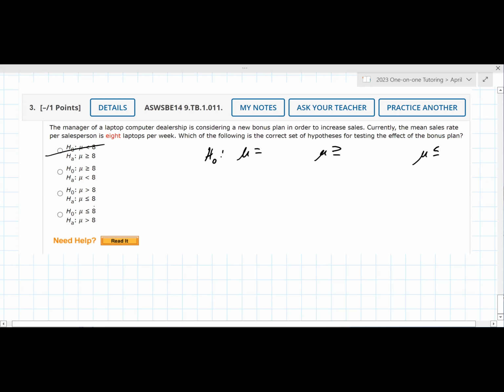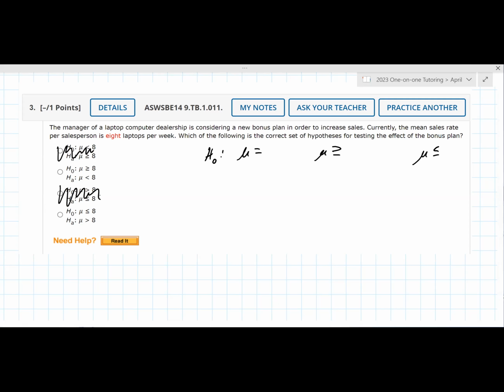That means that's out and that's out. In the first one, it's less than; we want less than or equal to. The third one's a greater than, and it has to be greater than or equal to or less than or equal to. Your null hypothesis has to have an equality in it.